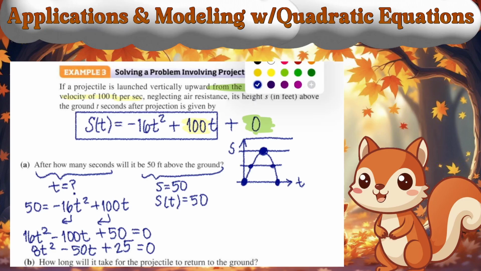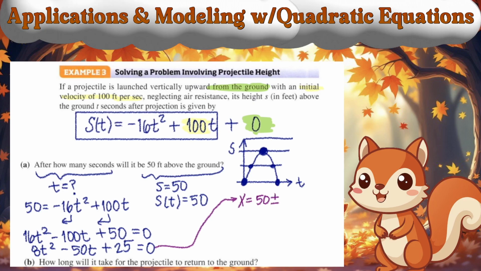So from here, x equals negative b, so that's going to be positive 50 plus and minus the square root of b squared, 50 times 50, 2500, minus 4AC. Well, AC we already said was 200.